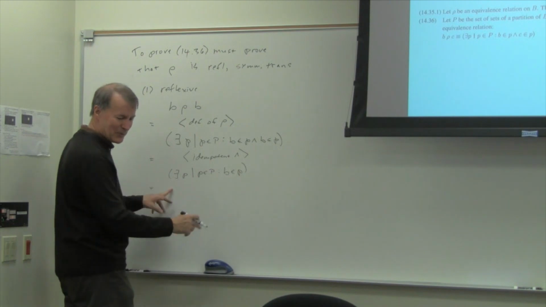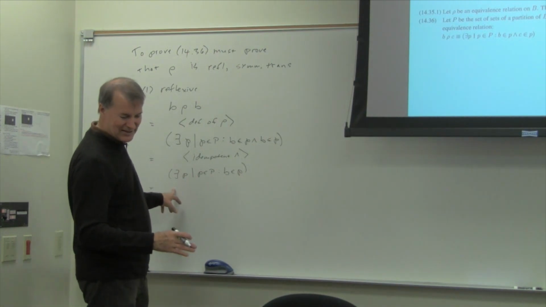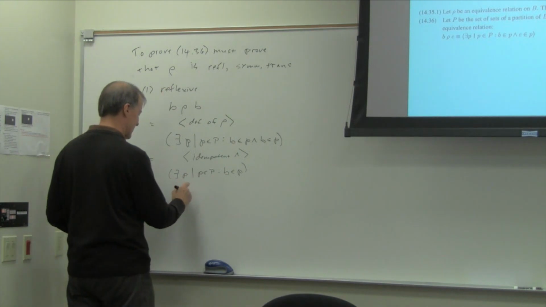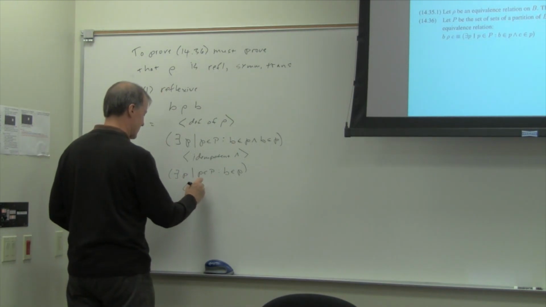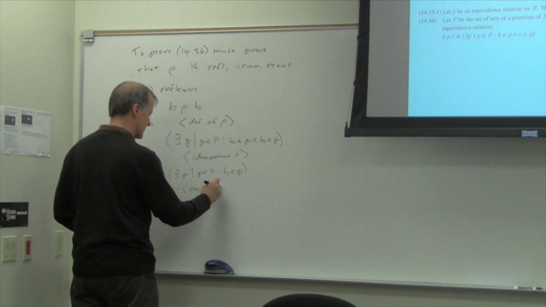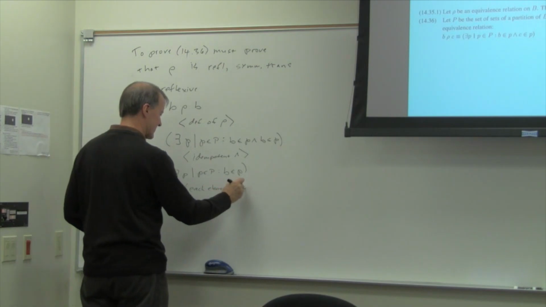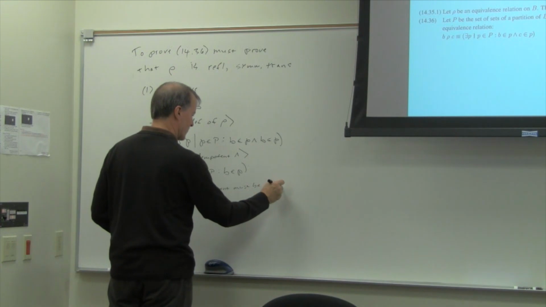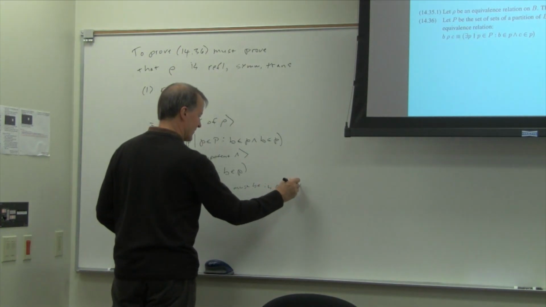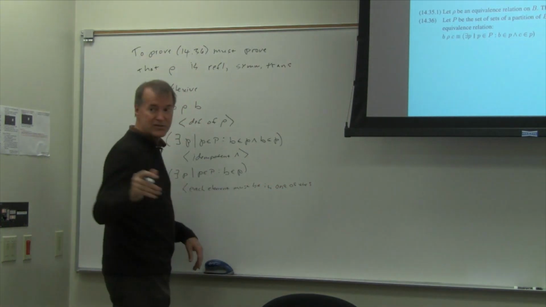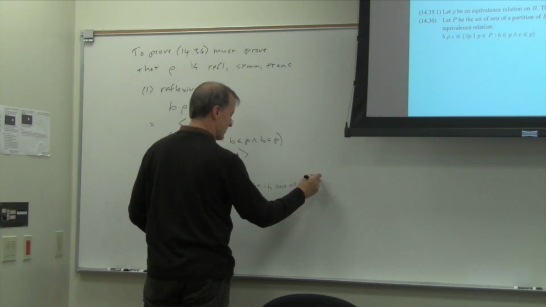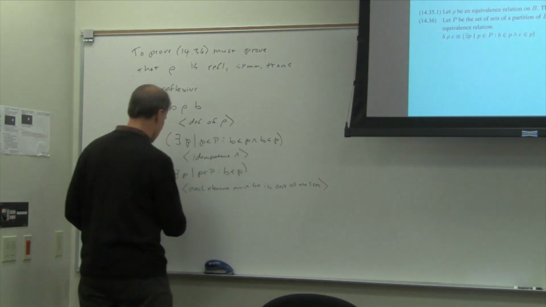Each element has to be in one of the sets, right? Given a partition, each element must be in one of the sets. Actually, it's because of that union. And so this is true.